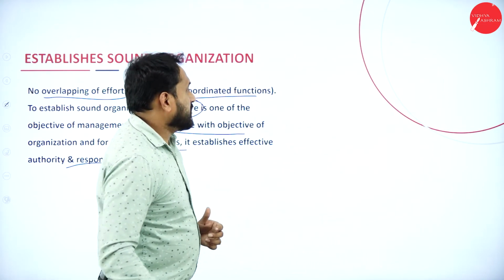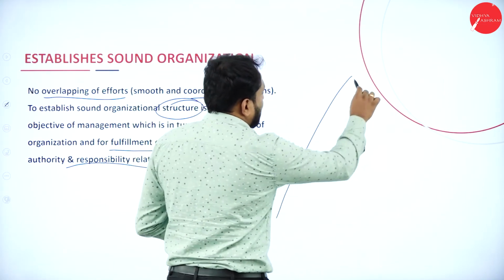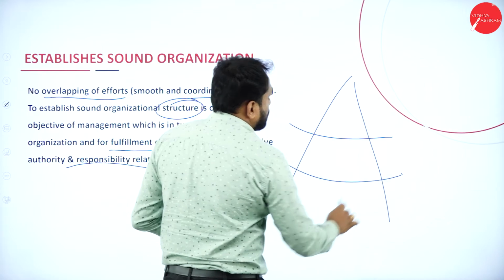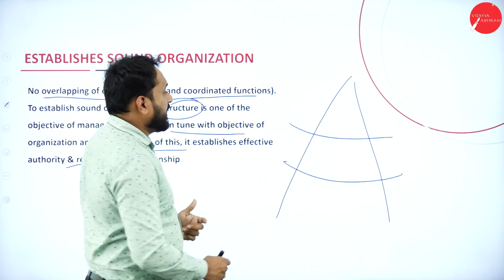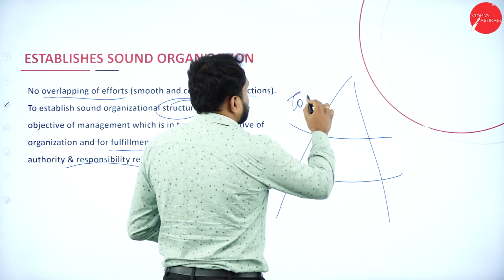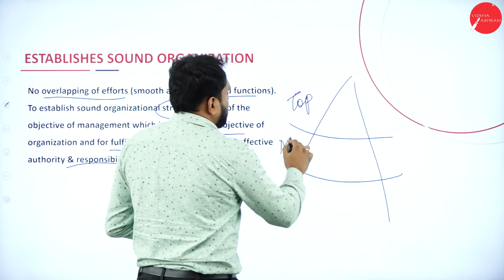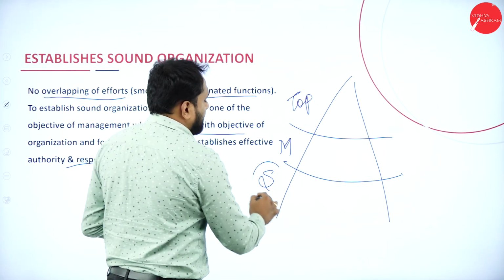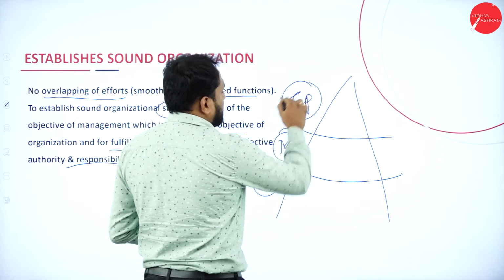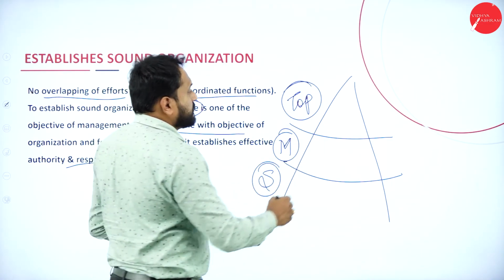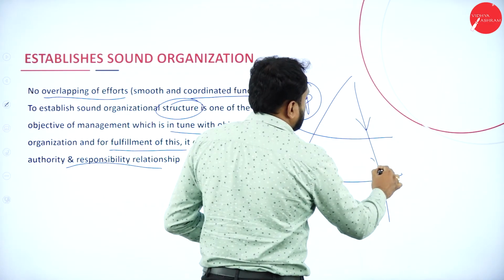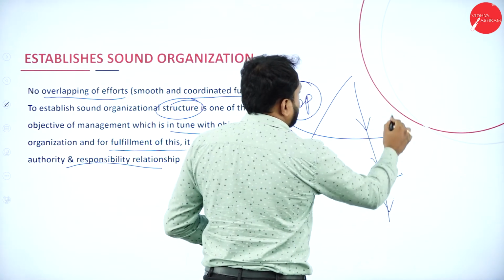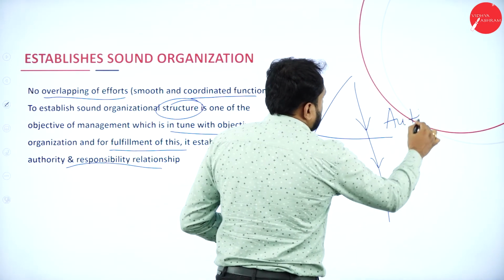Here I'll just tell you the three tiers of top level, middle level and supervisory level, where authority and responsibility will be there. So try to understand these things. Authority flows from top to bottom.